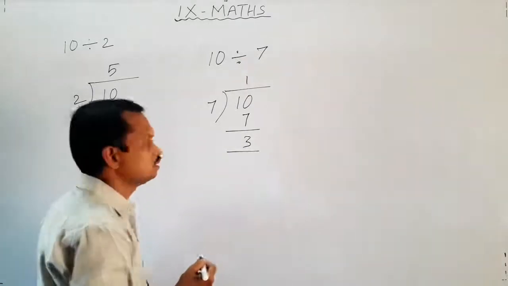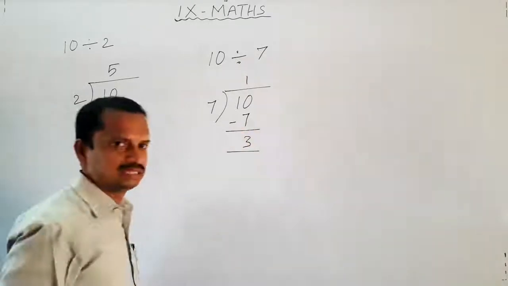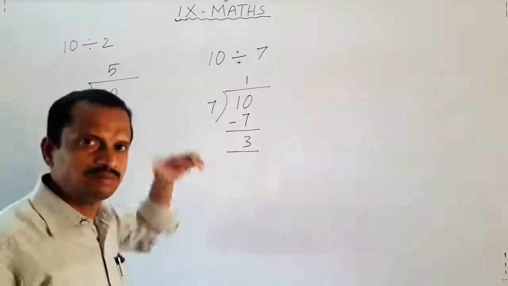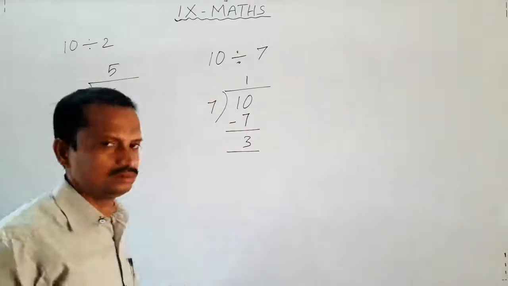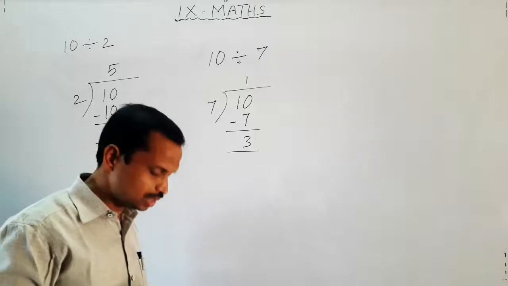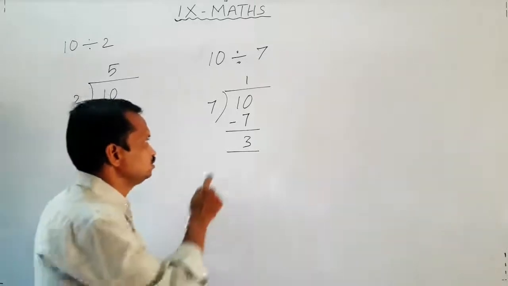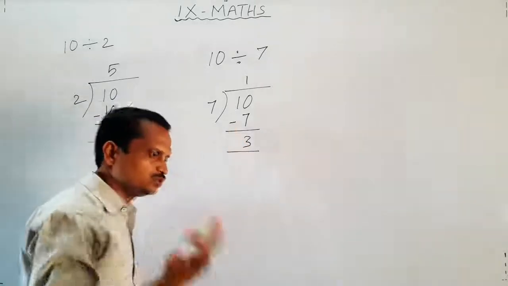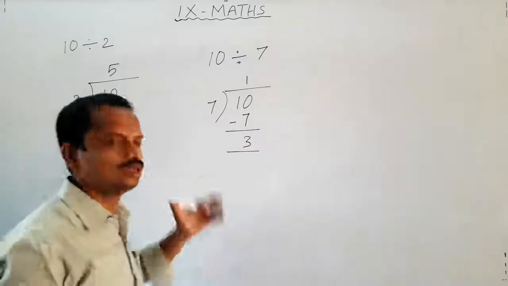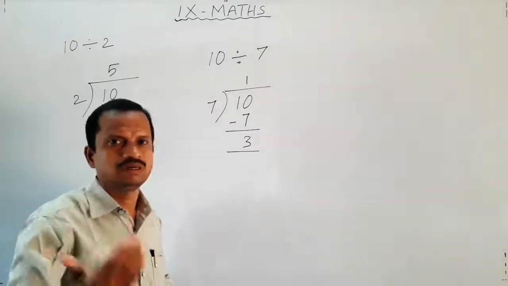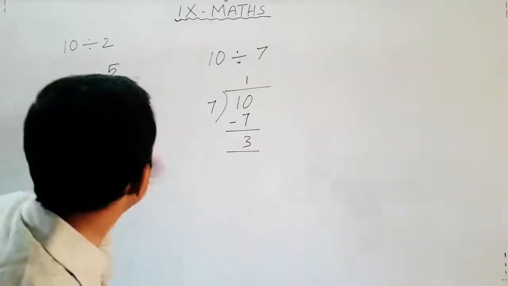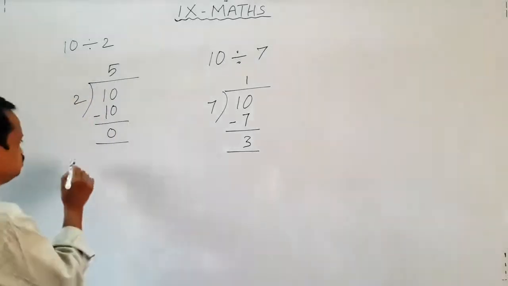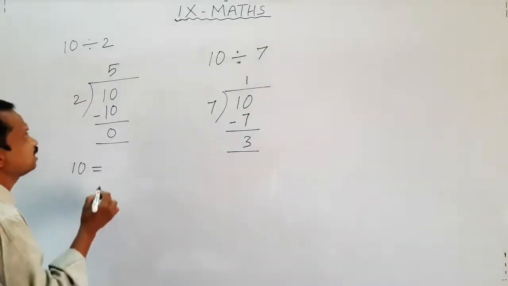How we are getting that? Because we have to subtract 7 from 10. So 10 minus 7 is 3. So this is what happening there. Okay. Why I am writing the subtraction sign here? Because I am going to inform this in the upcoming problems. Clear?